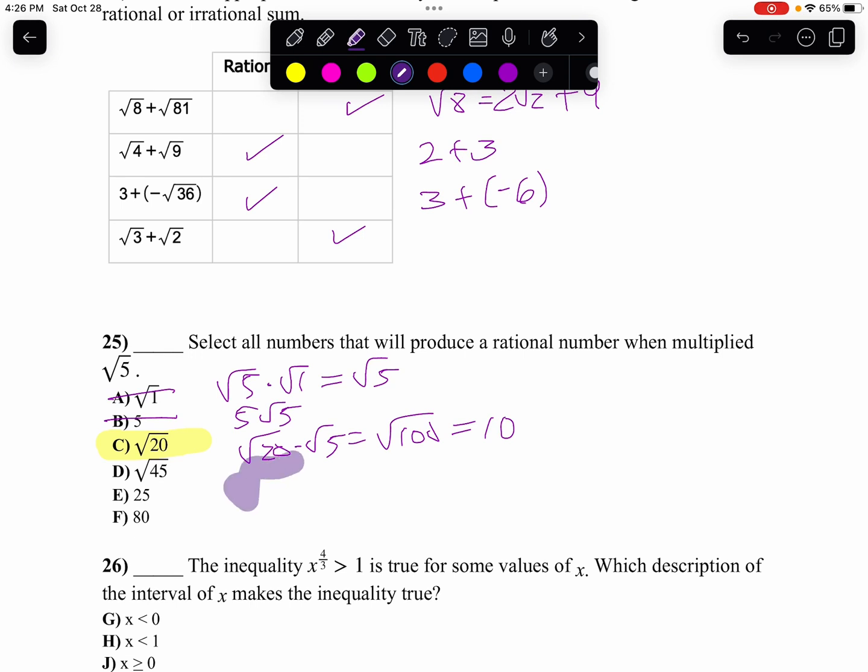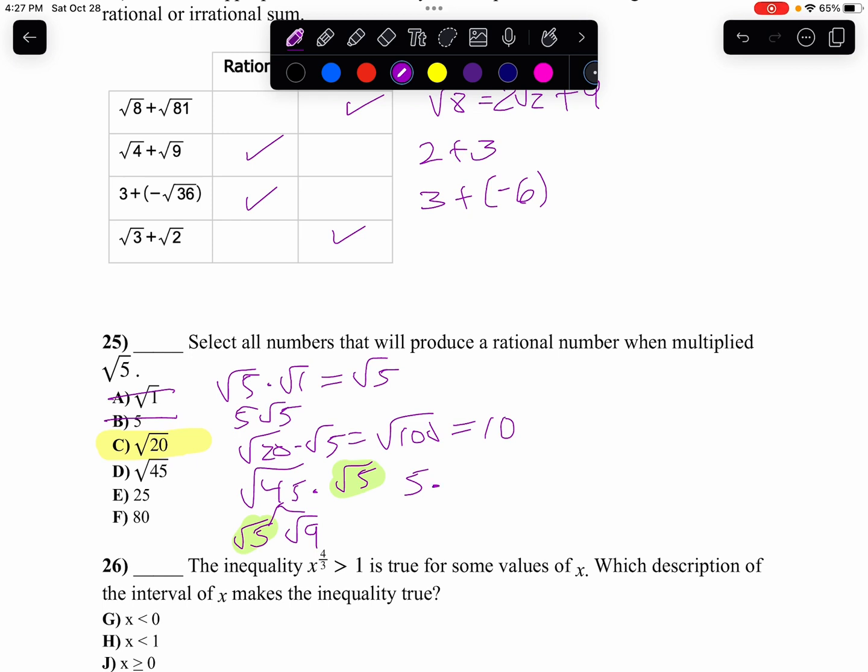How about if I do the square root of 45? Geez. The square root of 45 times the square root of 5. Well, I know 5 goes into 45 9 times. And I see that the square root of 5 times the square root of 5, that'll be 5.